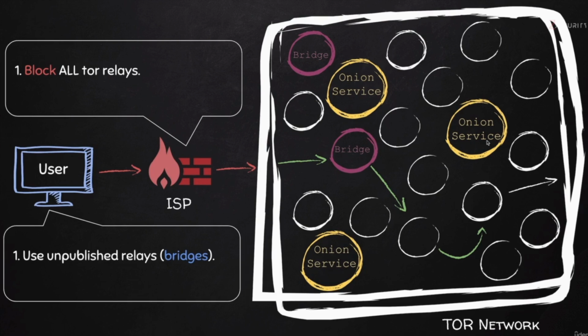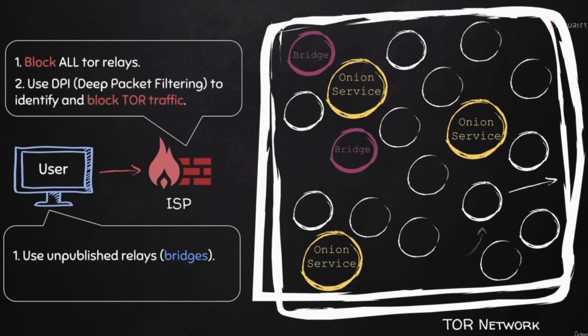It's a pretty good solution until firewalls and service providers became smarter and implemented more advanced methods. What they started doing is they started using deep packet filtering, or what's known as DPI, to identify Tor traffic and block it. So they don't even care about which node you're trying to connect to. They started analyzing all traffic that you sent out of your computer, and they managed to identify what Tor traffic looks like.